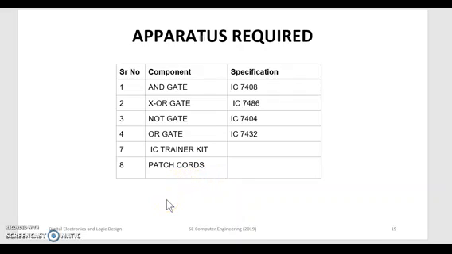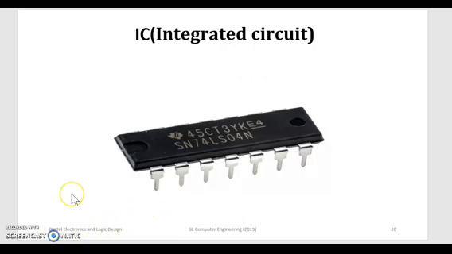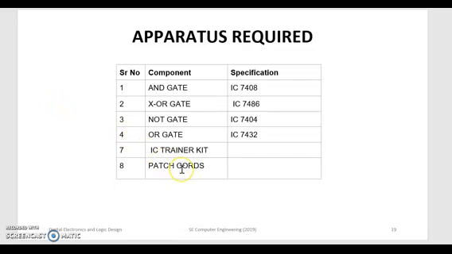Now we will see how we are going to perform the practical. In the last slide we learned what apparatus we are going to use to design the circuit: ICs, the IC trainer kit, and patch cords.